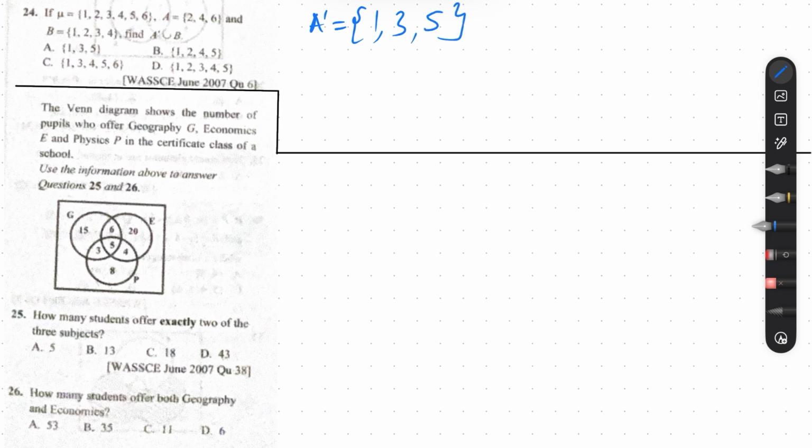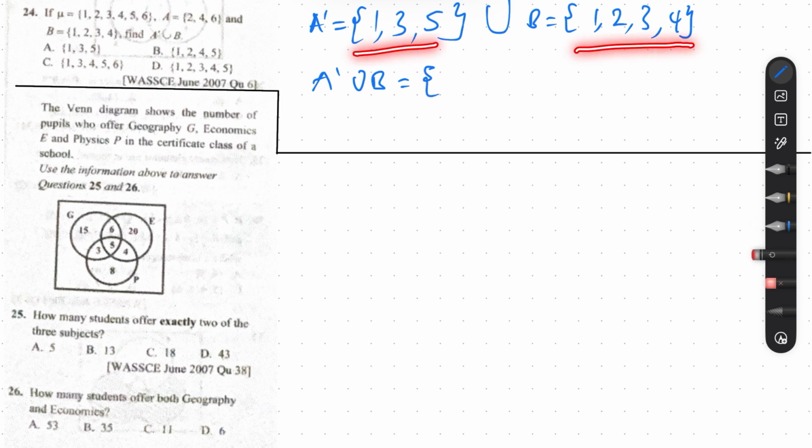Now we already have B, so we just need to find the union. You know that B was the set 1, 2, 3, 4. So A complement union B is going to give us all the elements here and all the elements here together, right?